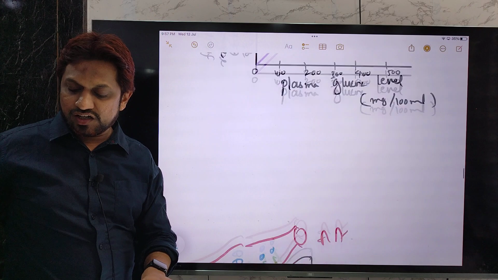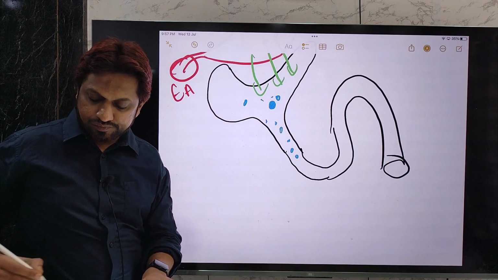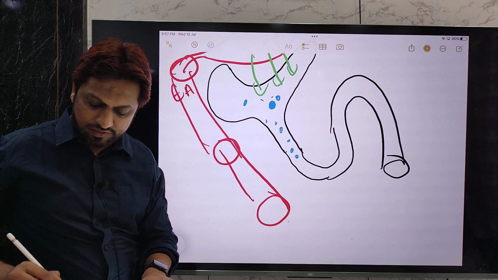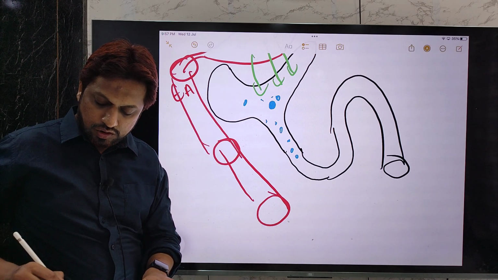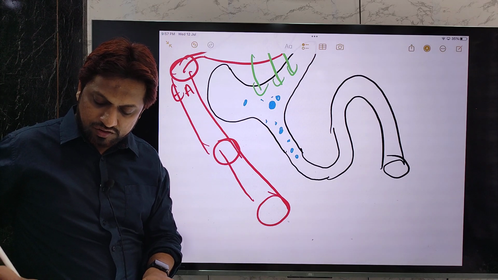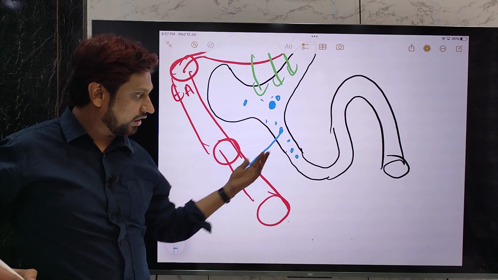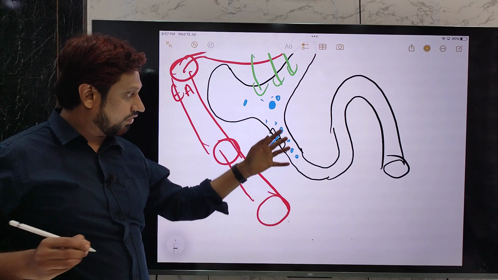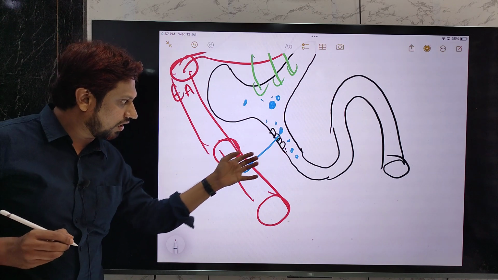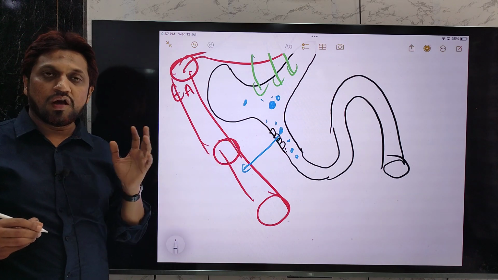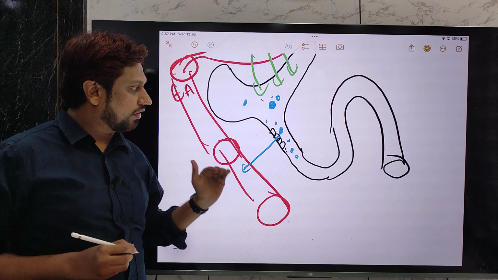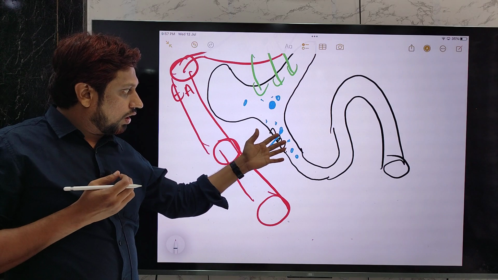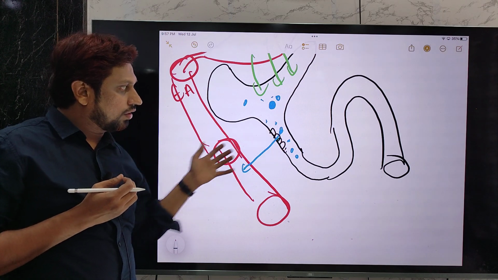Now coming to the reabsorption. After filtration, the glucose molecule will enter into the peritubular capillaries, that is the blood vessels. We have discussed how, with the help of primary and secondary active transport, it ultimately comes back through the proximal convoluted tubule cells. So it is reabsorbed almost 100%. But if the blood glucose level is more than 200, more than 300, then it will not reabsorb all the glucose.